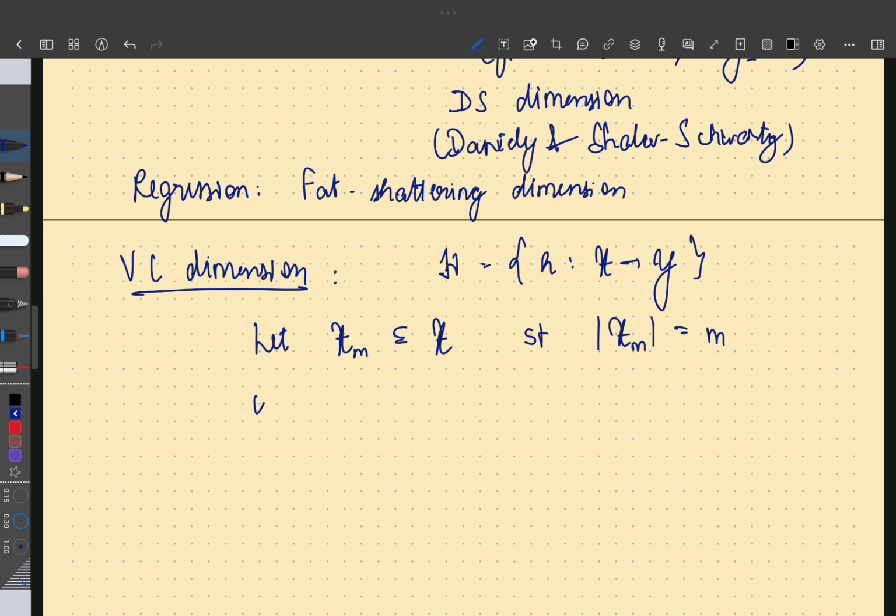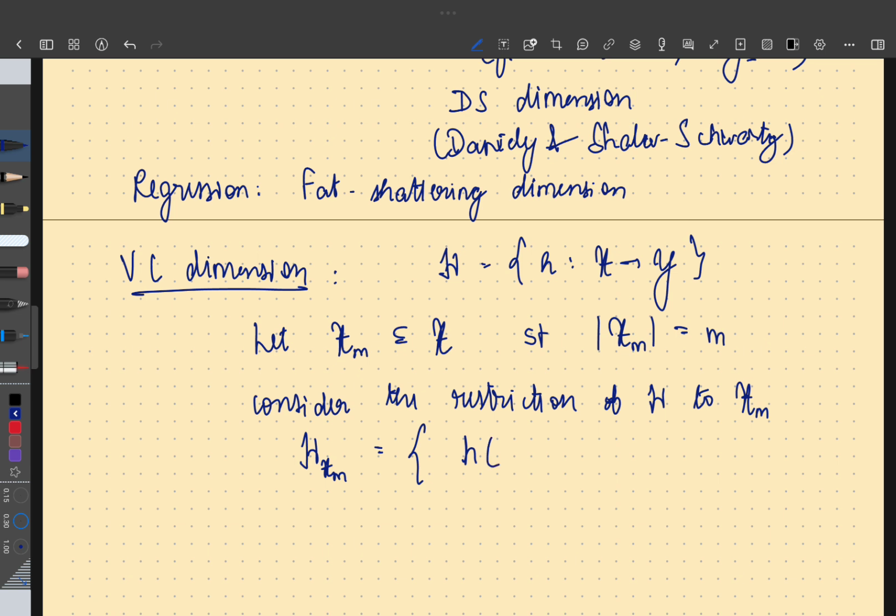The restriction of H to this particular subset. Let me call this H subscript X_m. There are exactly m points, so you can just represent it as a vector of length m, which is the output of h.